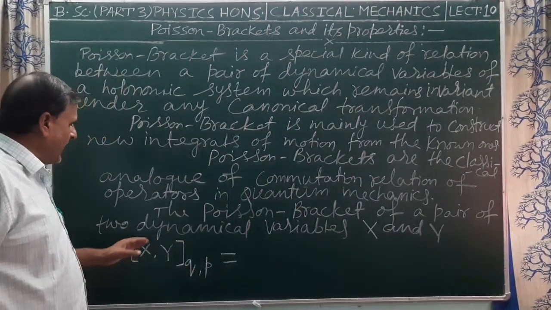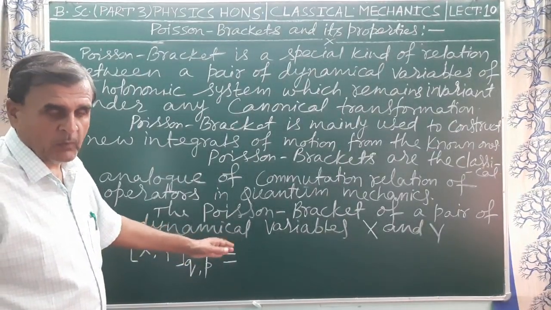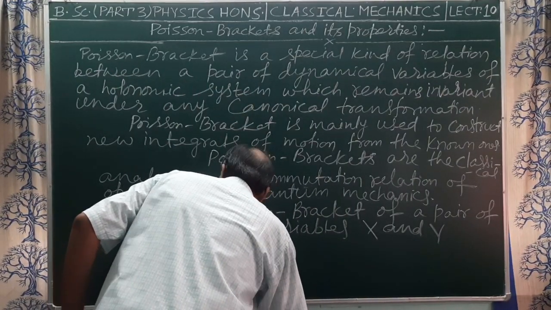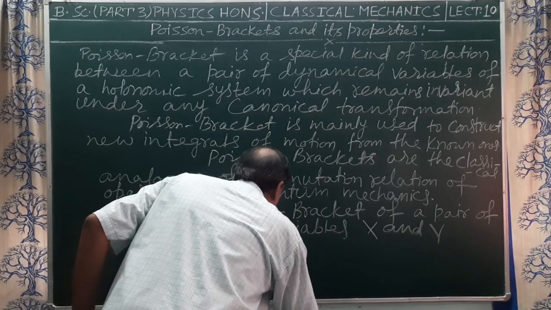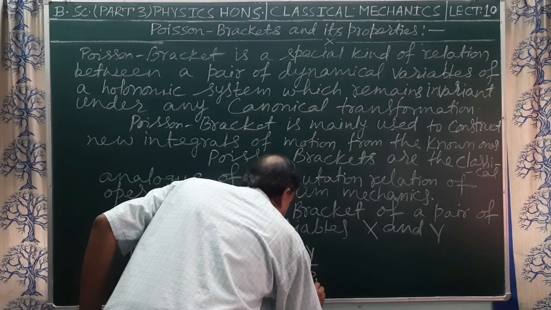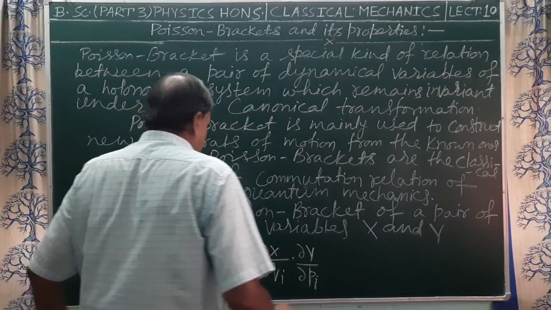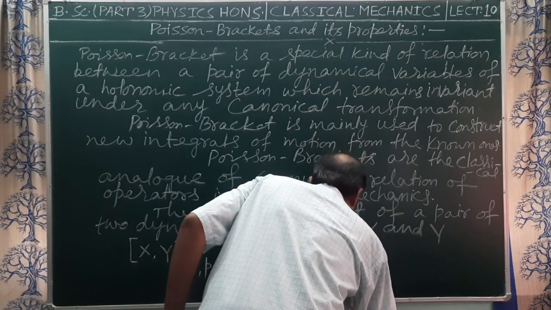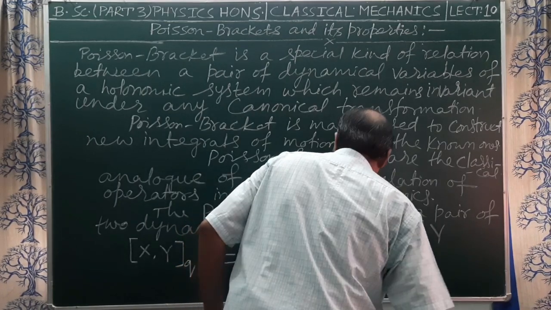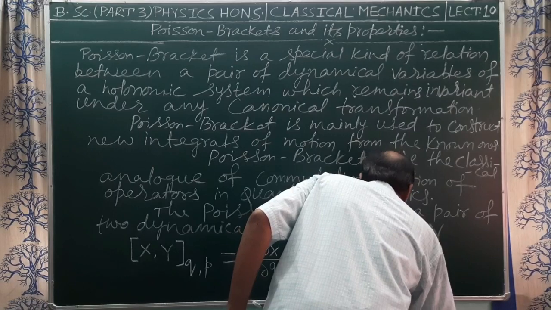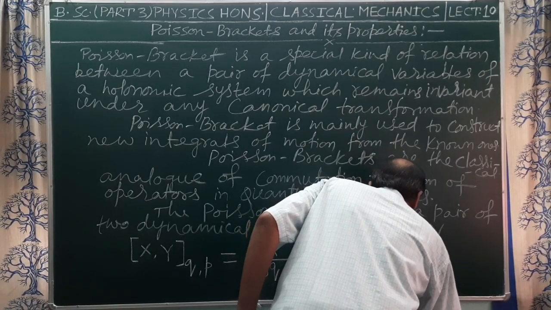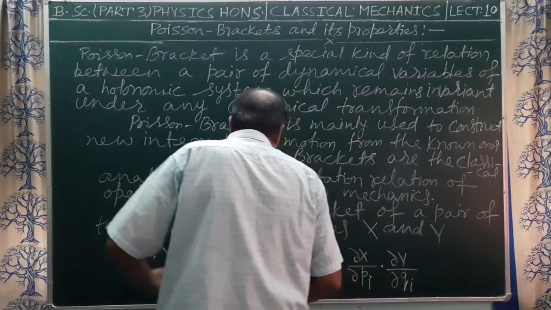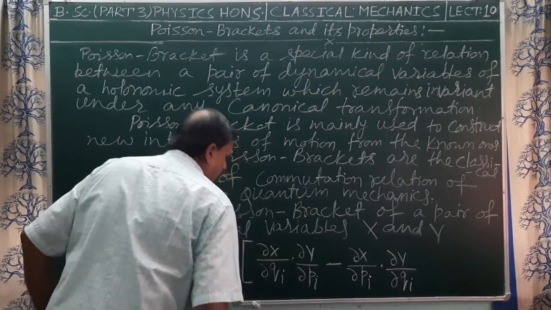So two dynamical variables X and Y are related to position coordinate q and momentum small p, and this can be written as del X upon del qi into del Y upon del pi, minus del X upon del pi into del Y upon del qi, and both terms are kept under the square bracket or big bracket.